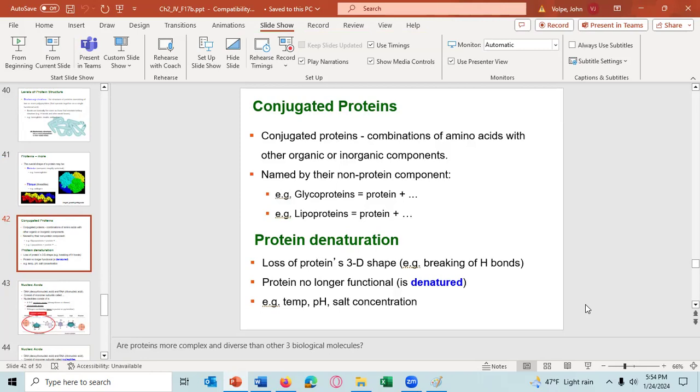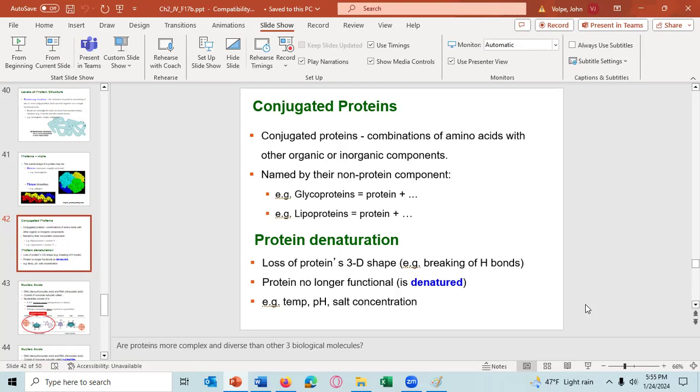The protein is named after its non-protein component, like a glycoprotein is a protein bound to a glycogen, and glycogen is simply a short carbohydrate, like a sugar, or maybe a couple of sugars. A lipoprotein is a protein bound to a lipid. Anyways, those are conjugated proteins.